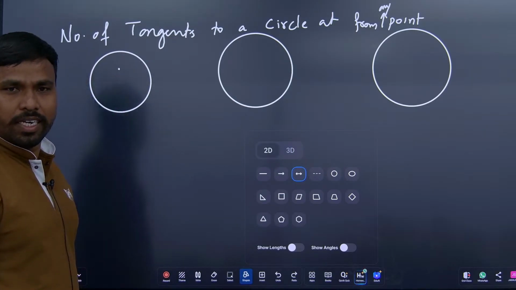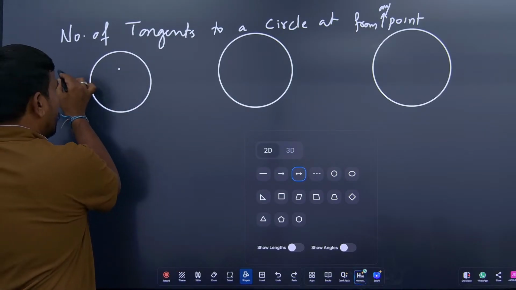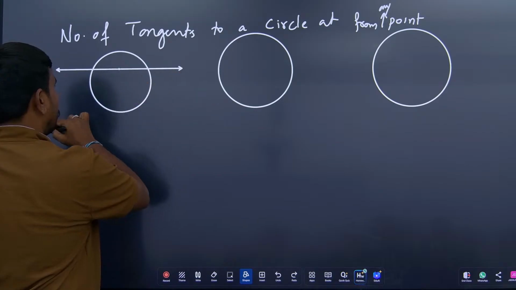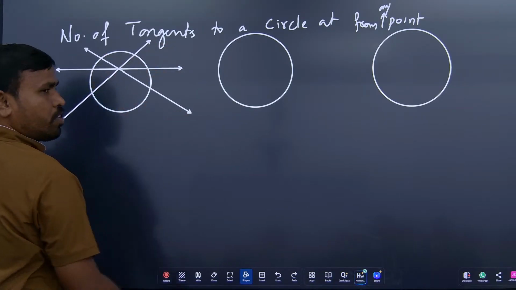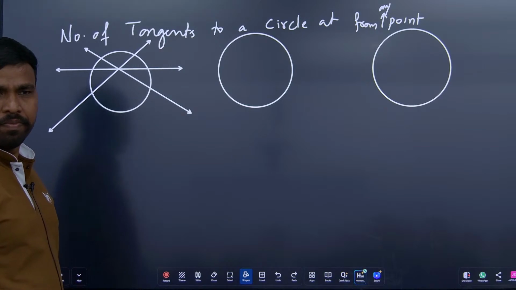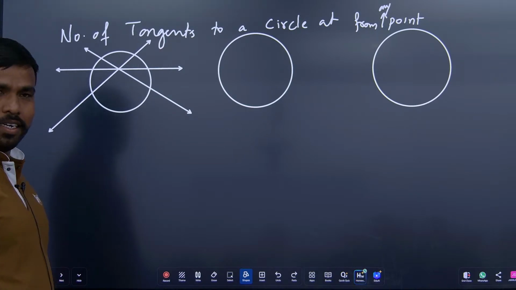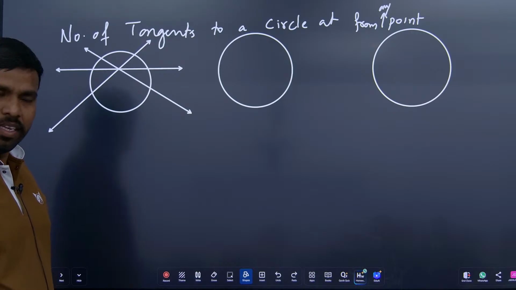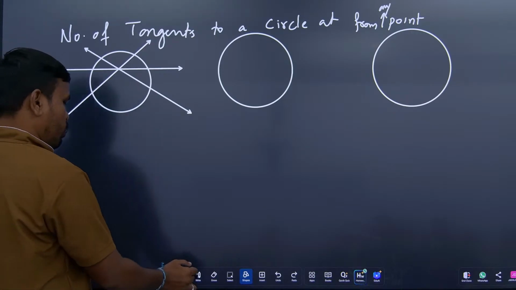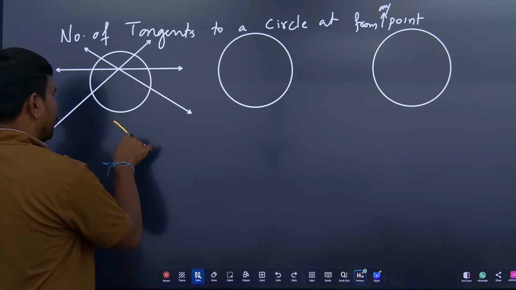Try to draw a tangent. Any number of lines you draw from that point, can you find any tangent here? No. All these are secants. So there is no tangent here.